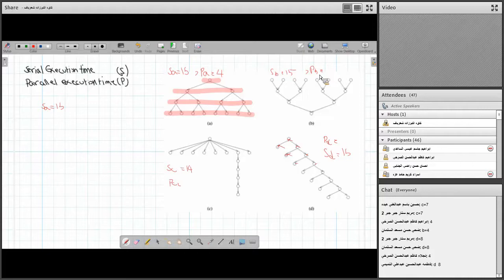How many processes do we require? The maximum number of processes in a step: 1, 2, 3, 4, 5, 6, 7, 8. How many processes do we need to reach this speed up, this PA? Speed up A equals SA over PA, which is 15 over 4.